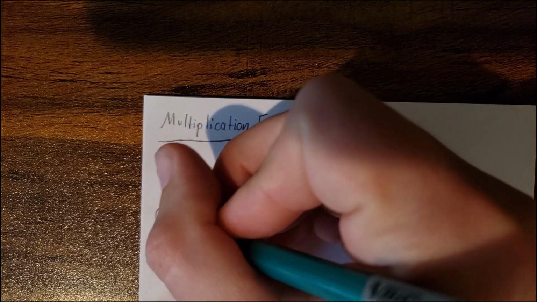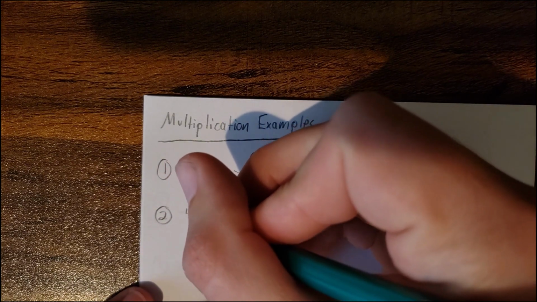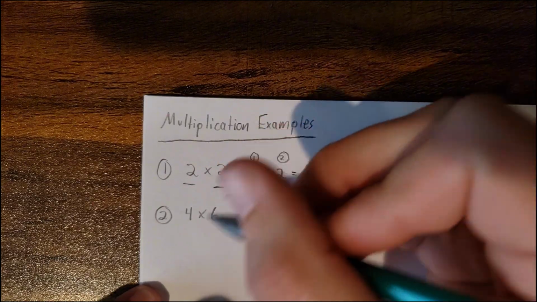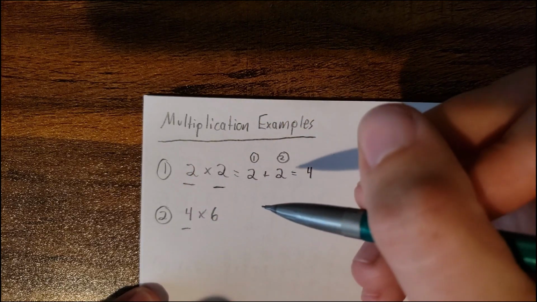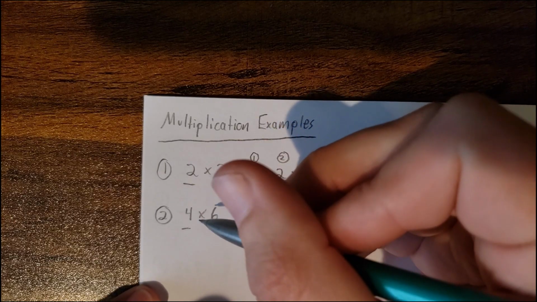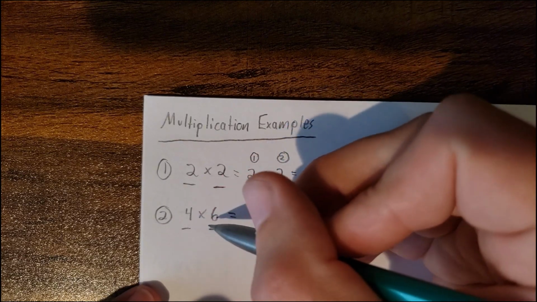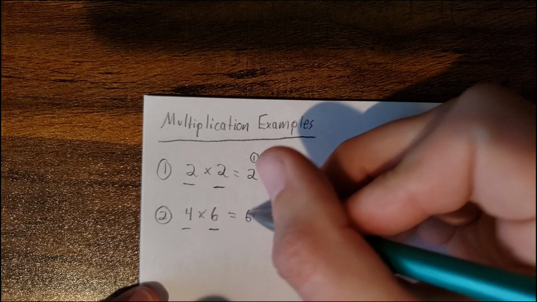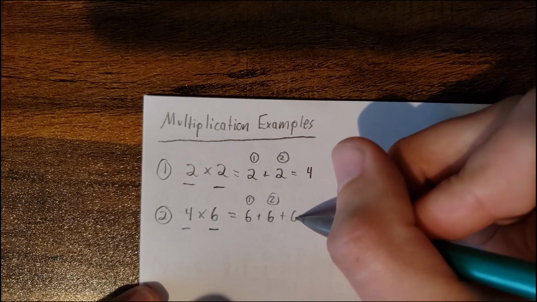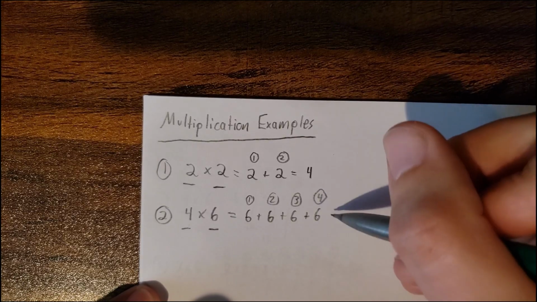We'll go ahead and move on to problem number 2. And let's do something a little bigger this time. We'll do 4 times 6. Just like we did above, we're going to be looking for 4 groups of 6. And that's how you break down what this side of the equation means. It's groups of numbers. So 4 groups of 6 is going to look like this. We have our first 6 plus our second 6 plus our third 6 and our fourth 6.